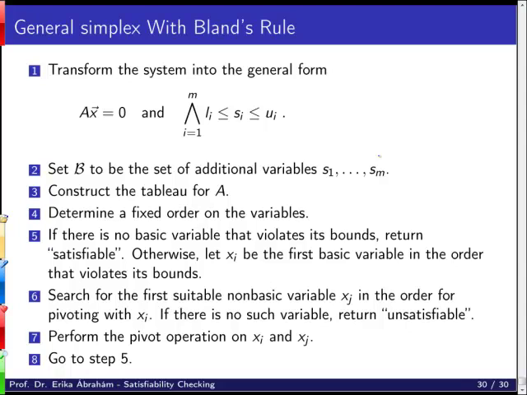And then as long as basic variables violate their bounds, we do pivoting. If all basic variables satisfy their bounds, then the problem is satisfiable. And if we have a bound violation but no suitable variable, then the problem is unsatisfiable. Otherwise, we can still pivot and continue, and Bland's rule in this application assures that we always terminate. So it is a complete procedure.